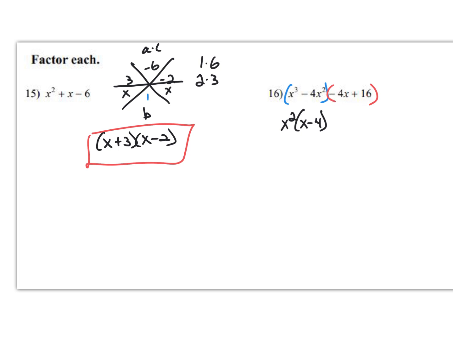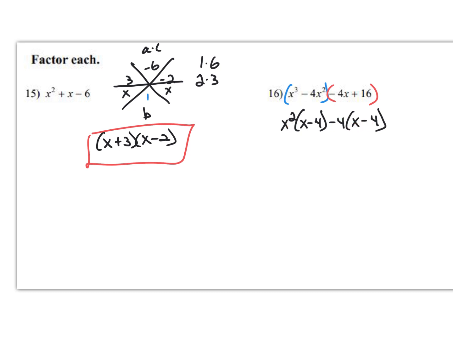In this one here, the minus 4x and the plus 16, if we're looking for an x minus 4, we will factor out the negative 4. So I'm going to factor out minus 4. Then I'm going to be left with x minus 4 again, because a negative 4 times a negative 4 is positive 16, and negative 4 times x is minus 4x.